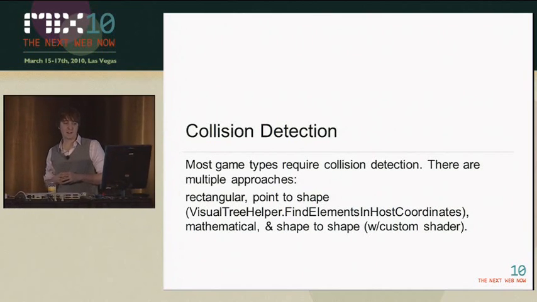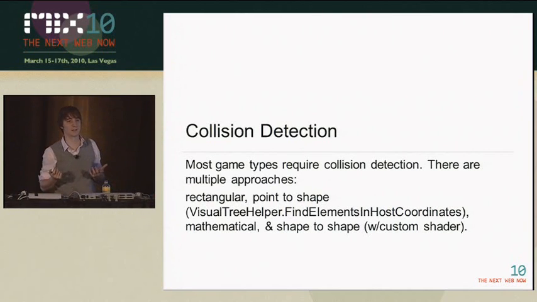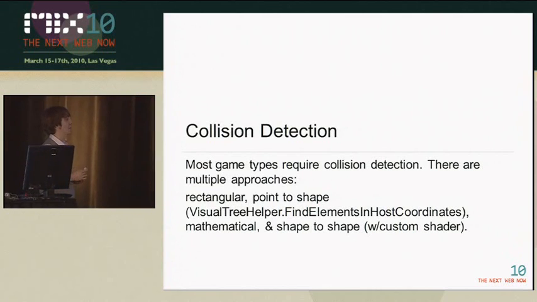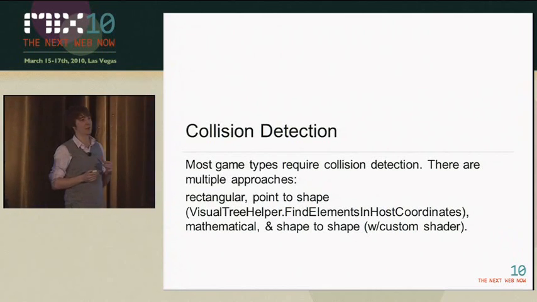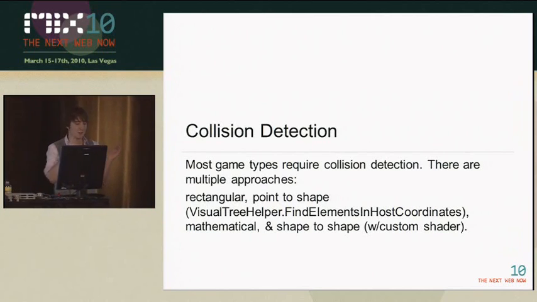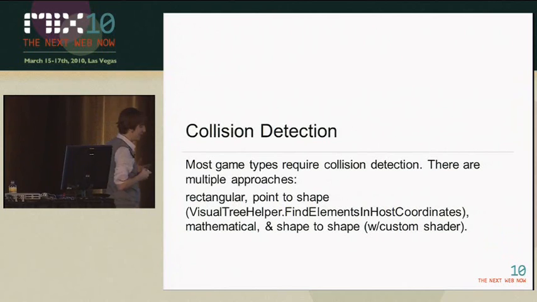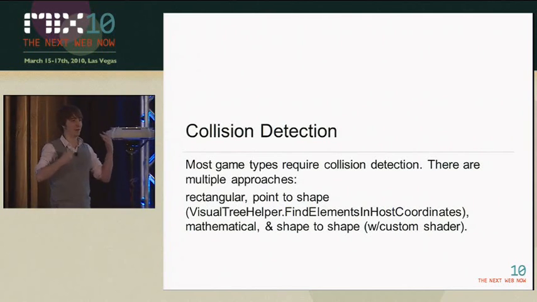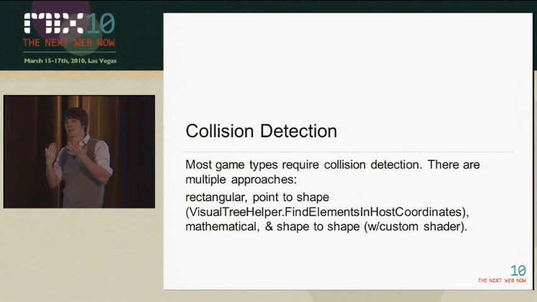You can do mathematical collision detection, so things like circular collision, really easy. And it's actually possible to do shape-to-shape collision detection. I've seen one implementation of this which wasn't really fast. By writing a custom shader, we can actually take the shapes of two things that are on screen.